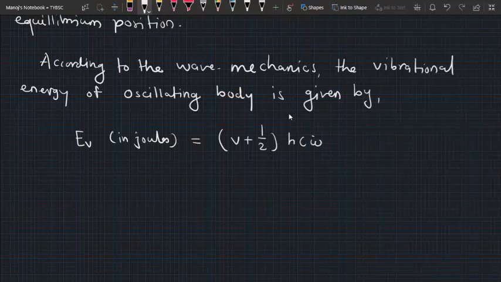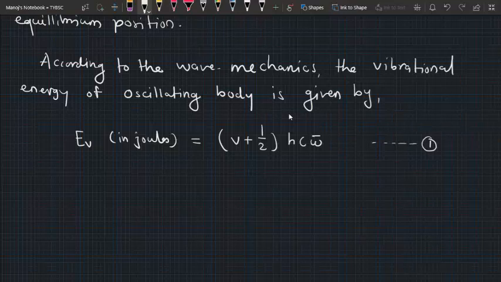Let us say this is equation number 1. Now here the small v is called the vibrational quantum number, h is Planck's constant, c is the velocity of light, and omega bar is called the fundamental vibrational frequency.